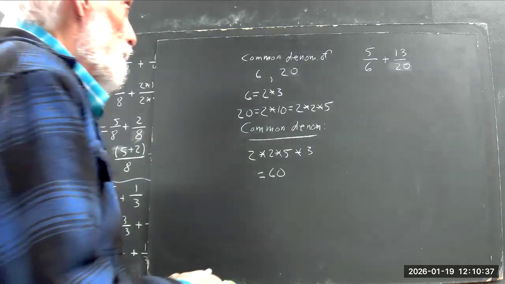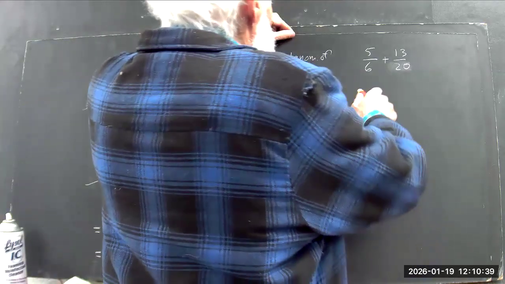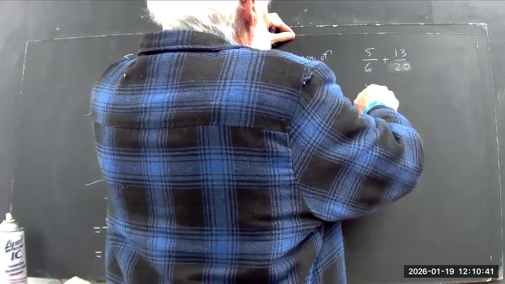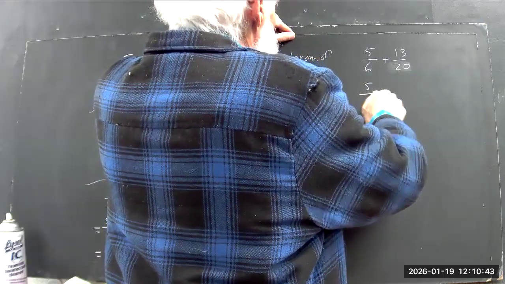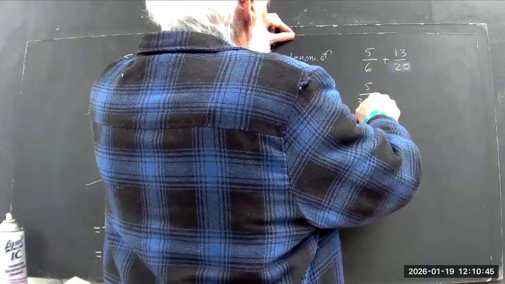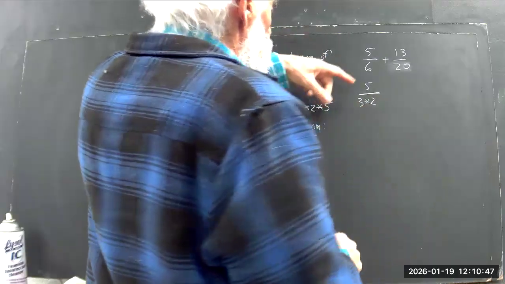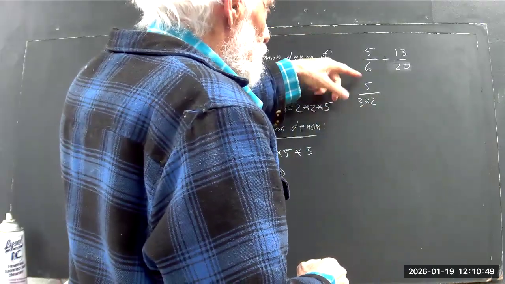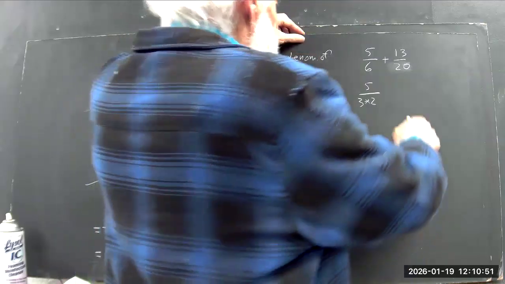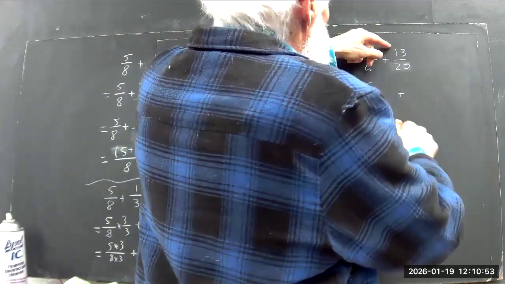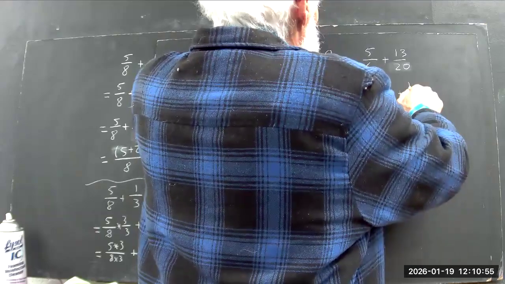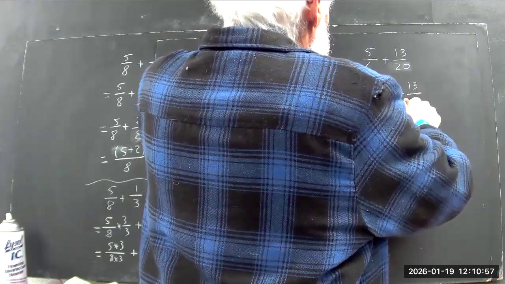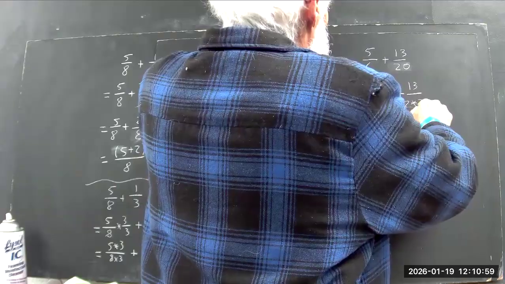Now, when I write this, I'm going to write this as 5 over 3 times 2. So 5/6 will be 5 over 3 times 2. 13 over 20 is going to be 13 over 2 times 2 times 5.